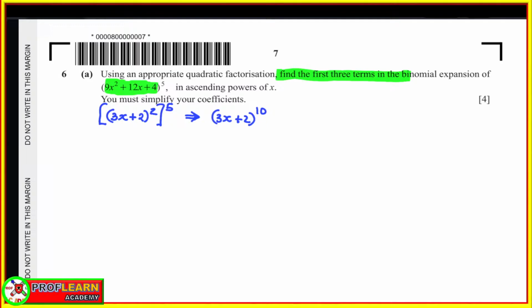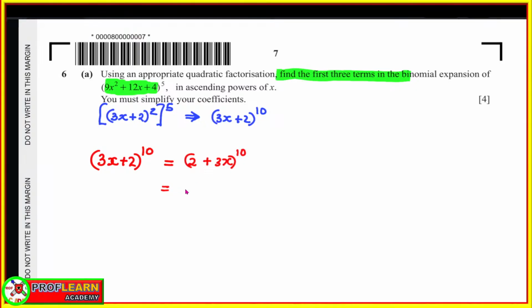So in order to find the first three terms, we're going to say this is our 3x plus 2 raised to power 10, in ascending power. So I can start by writing 2 plus 3x because we are finding ascending powers of x, not descending. So I can interchange this and write it that way.